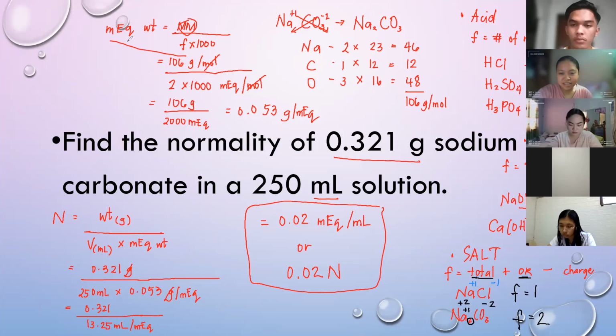Once na na-determine nyo yung F, you can compute for the milli-equivalent weight. And then, gagamitin natin si milli-equivalent weight in the computation of normality. So do not forget, our unit here is MEQ per ml, or that is equivalent to capital letter N. Okay, questions for this?